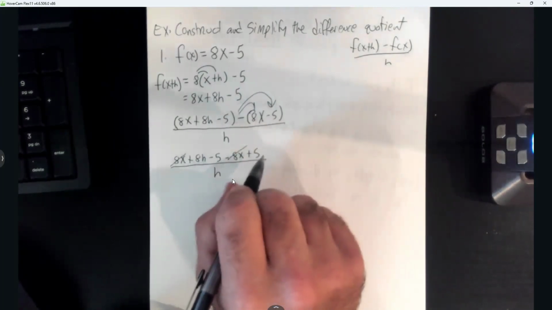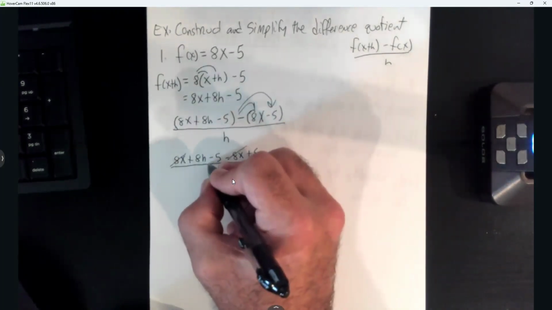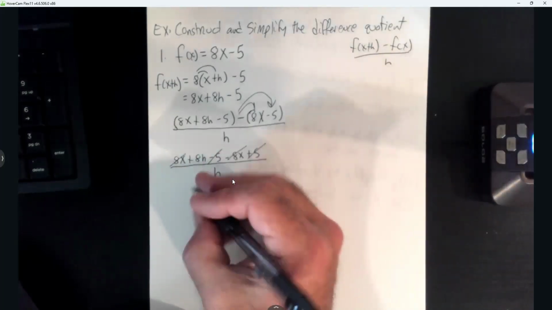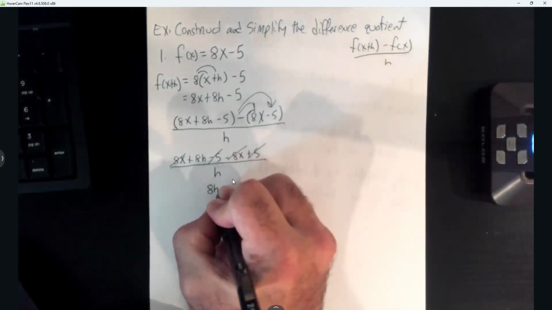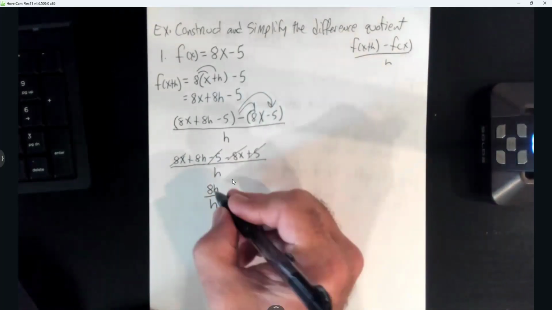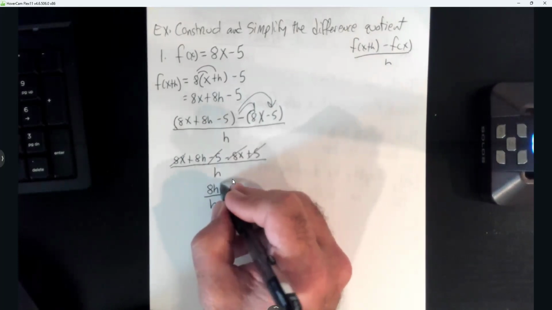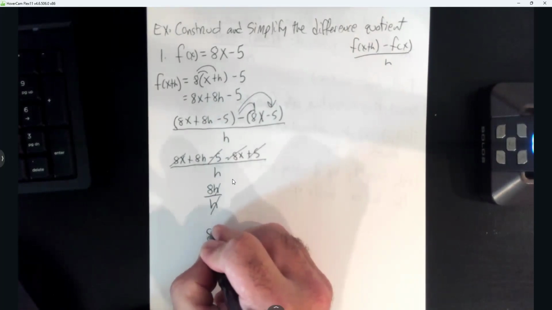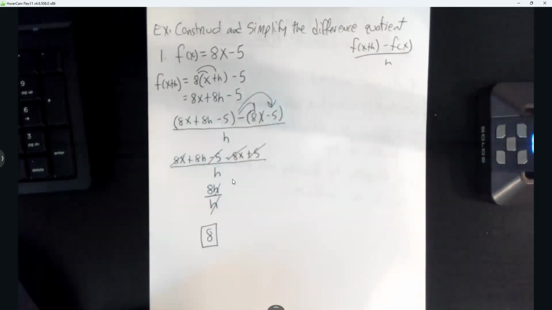This negative 5 and that positive 5, they cancel. So all that's left on top is an 8h. On bottom is an h. And y'all guess what? Don't them h's now cancel? Giving me a final answer of 8.